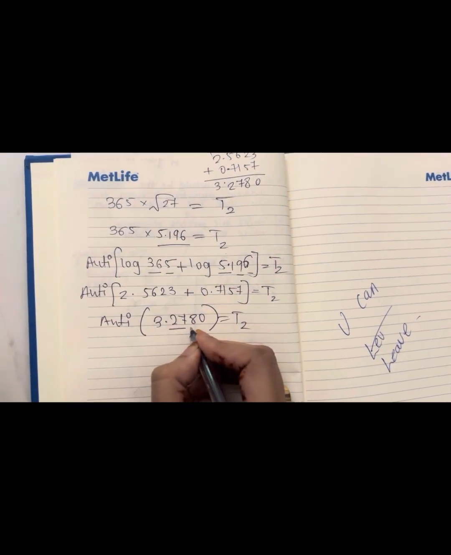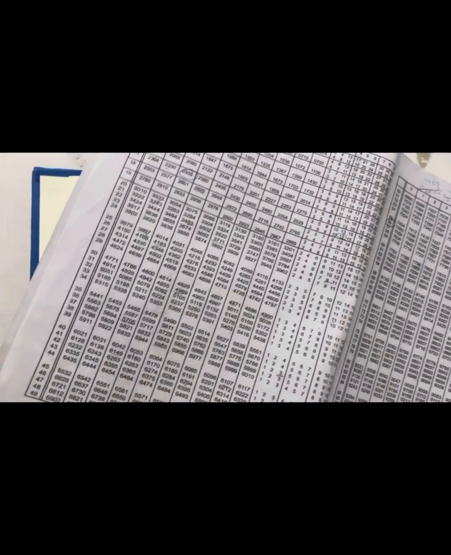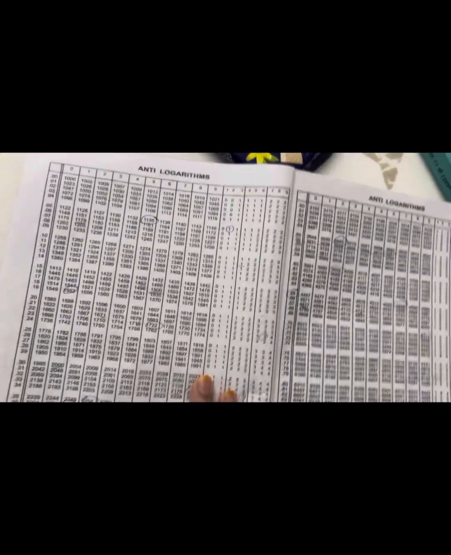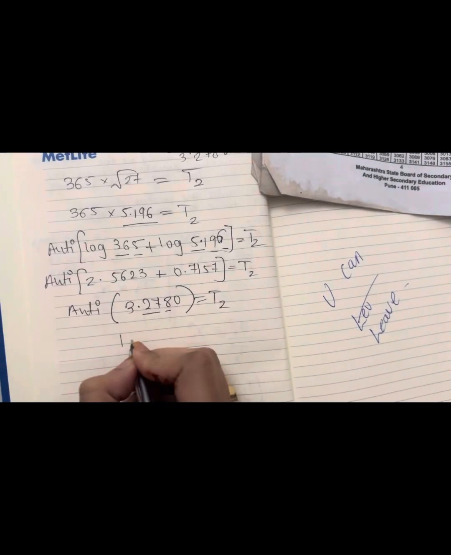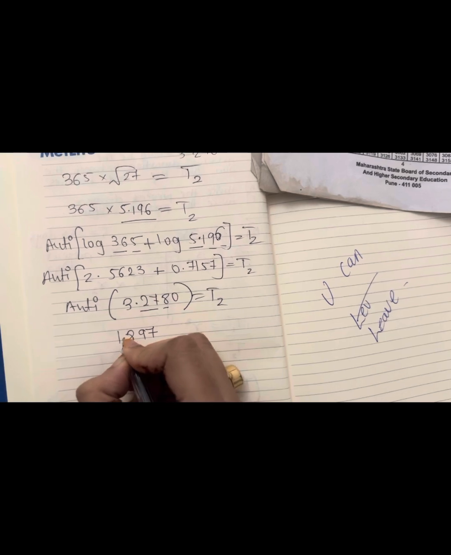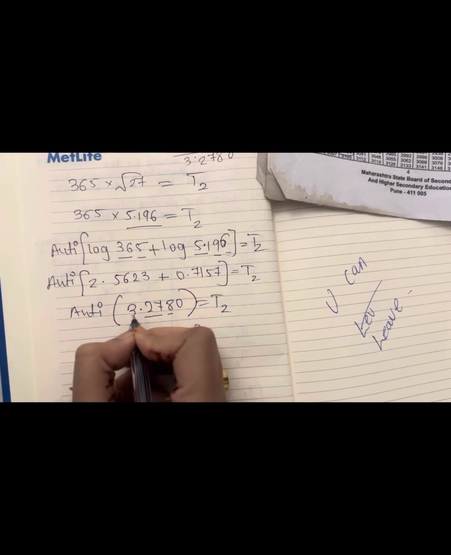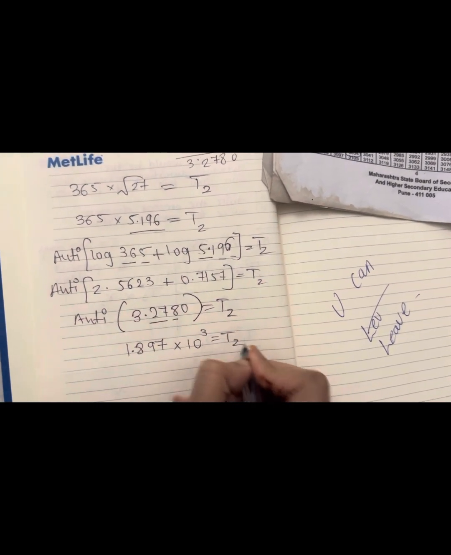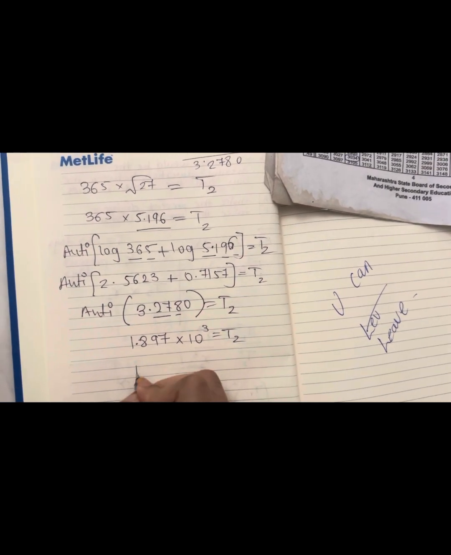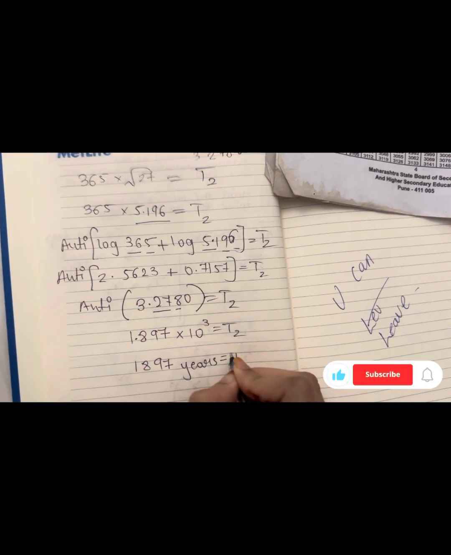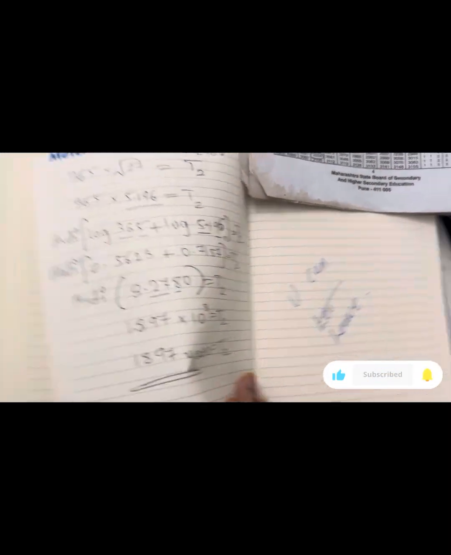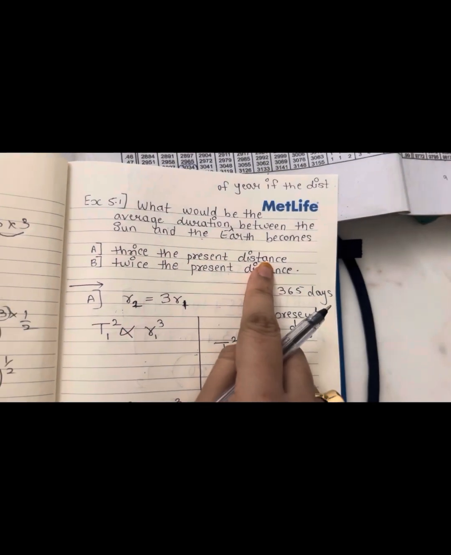So now in the antilog table, 27 ka 8 ka 0. Antilog is always checked after the point. So in the antilog, 27 ka 8 is 1897. One digit, then point, into 10 raised to the power 3. Why 3? Because before the point you have 3. So multiply with 10 to the power 3, and 1897 will be your new time period if the distance becomes thrice the present distance.